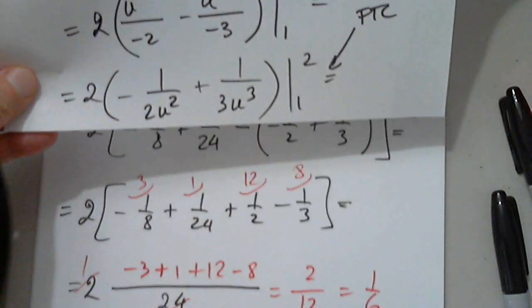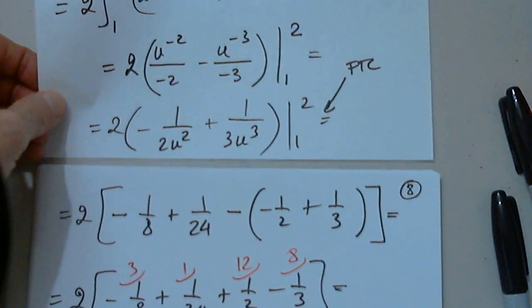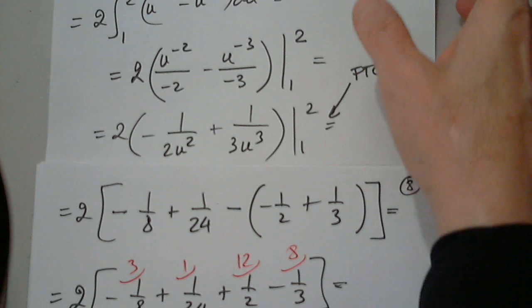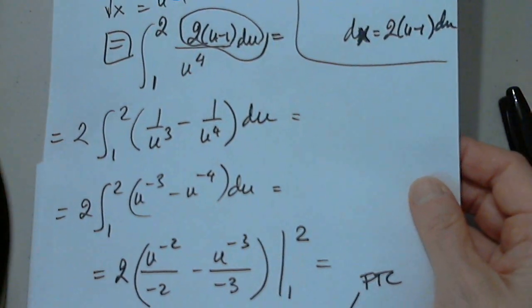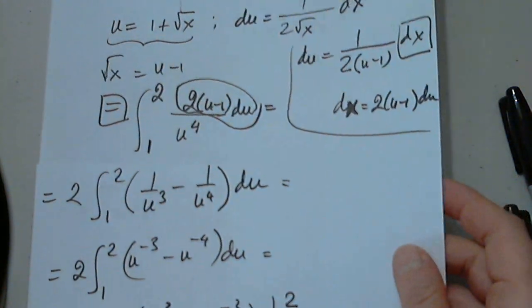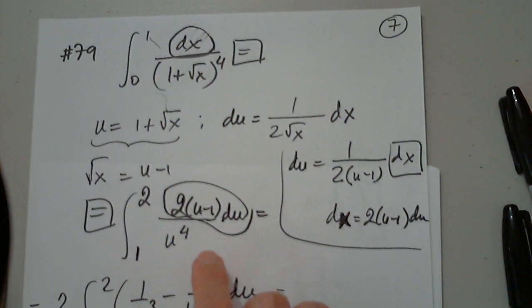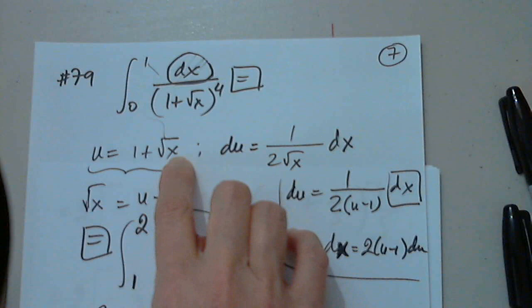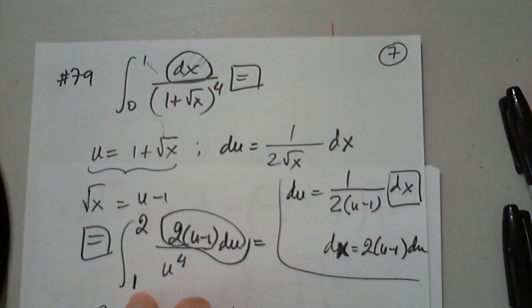Any steps that you want me to go back to? Yes, how did you get the second integral again, the 1 to 2 instead of the original, which was 0 to 1? When x is 0, u is 1.